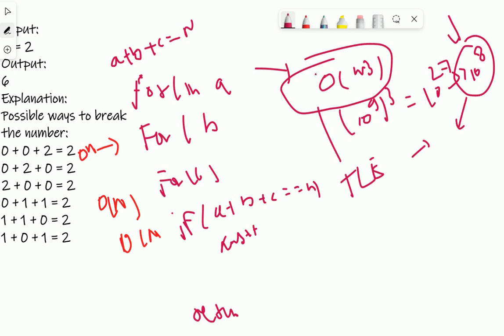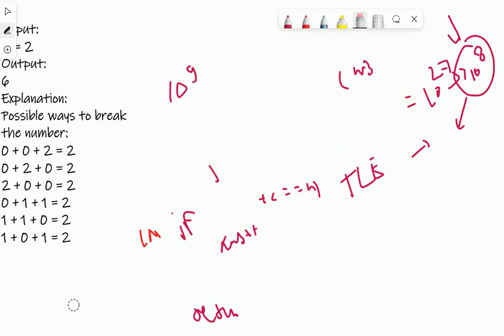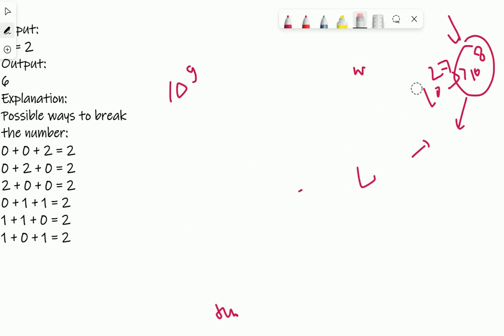Now we need to see that it's 10 to the power 9. So for 10 to the power 9, what are the possible time complexities for the code?